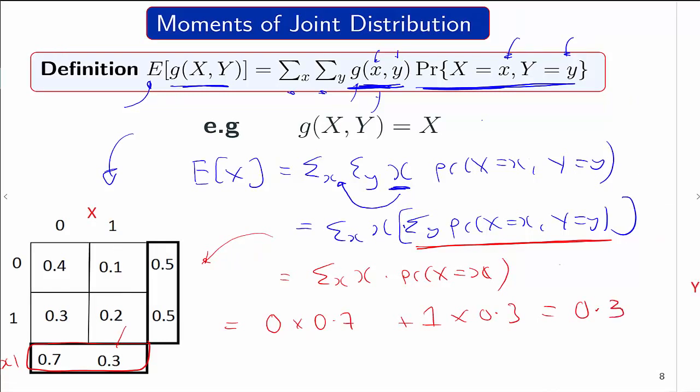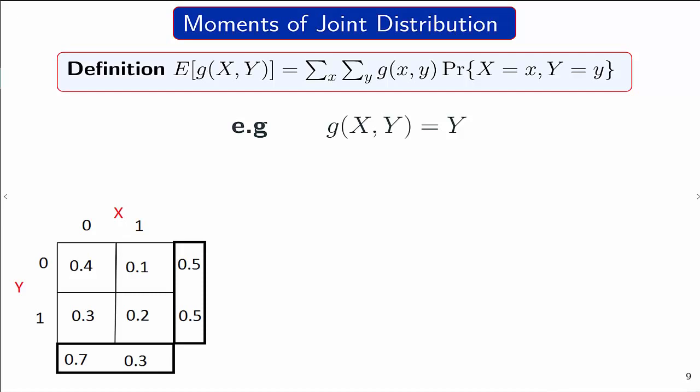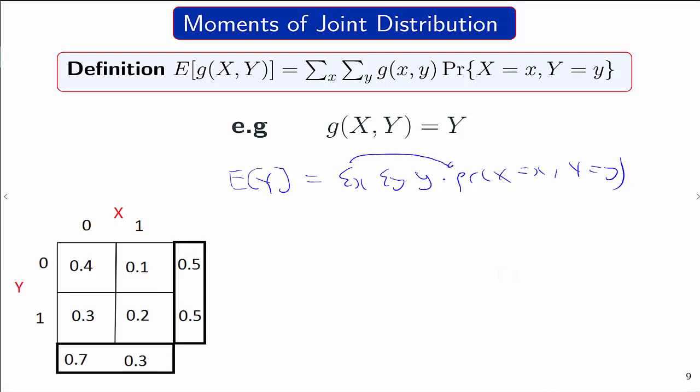We can now do the same thing for the mean of Y. Again, plug y into the formula above, E of Y. Well, sum over x, sum over y, every possible value of y times the joint density. Again, this sum can come inside here because y doesn't depend upon x, so we can rewrite it like this.